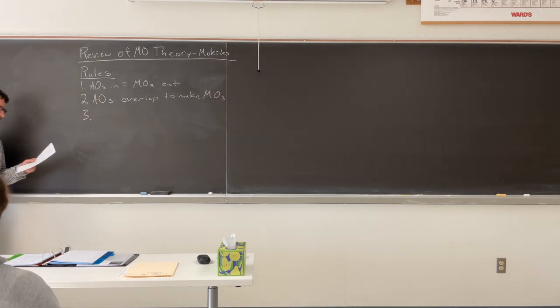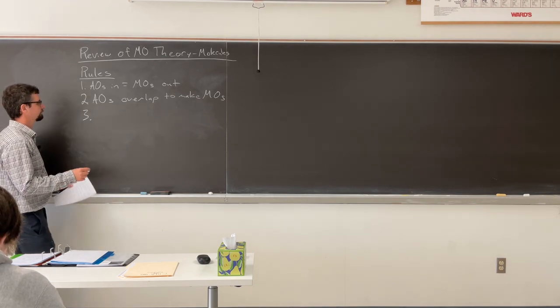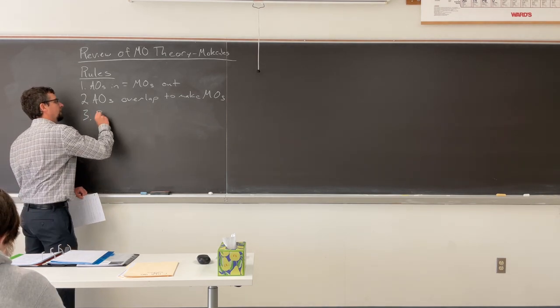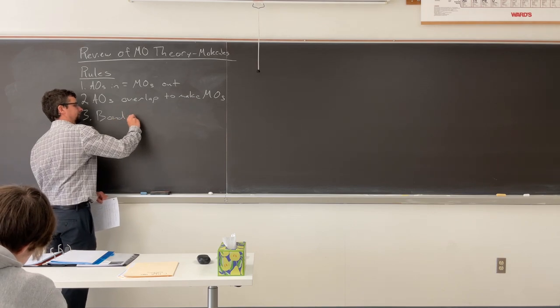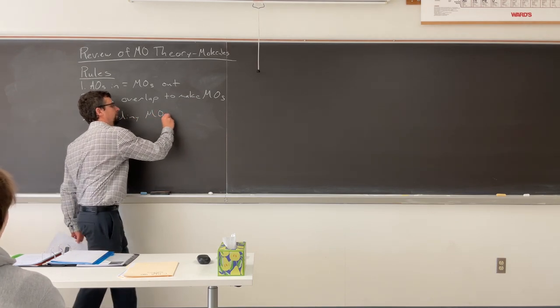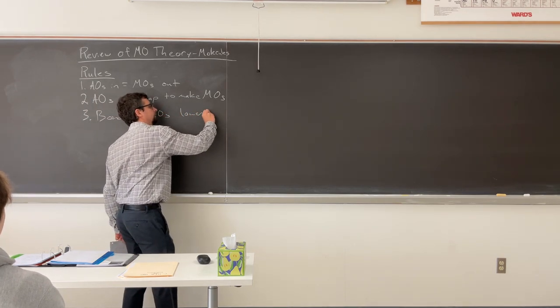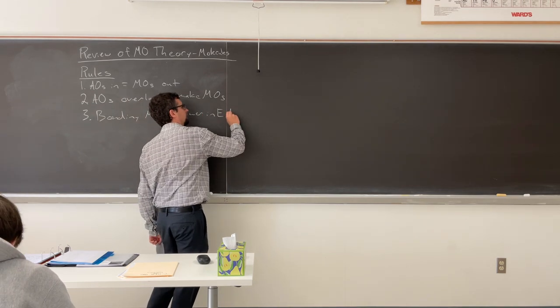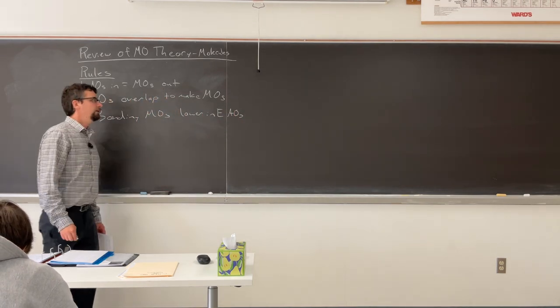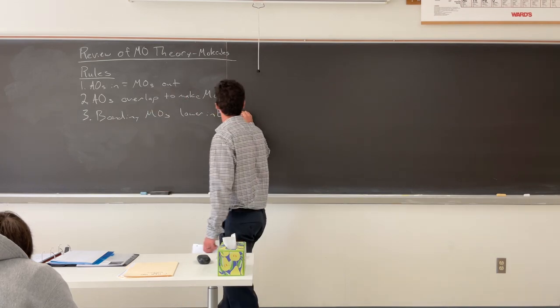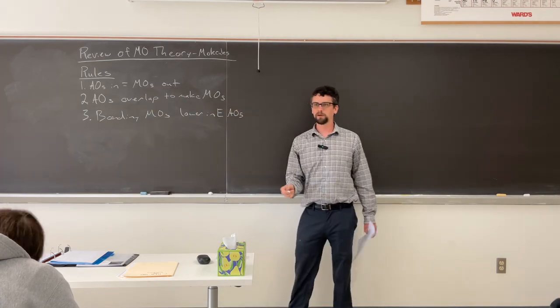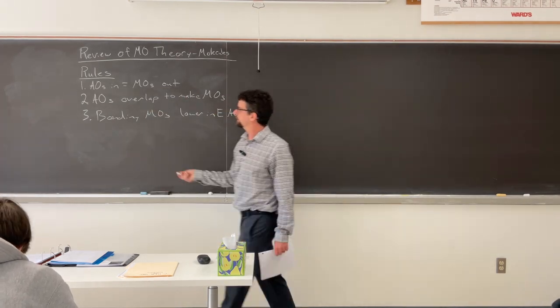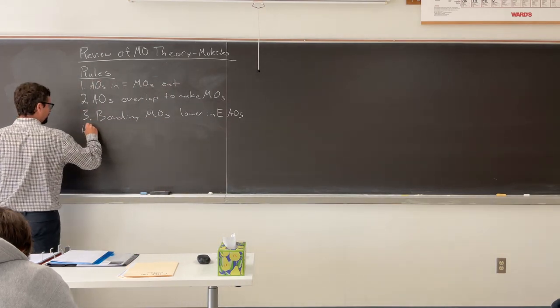Give me another thing. Somebody other than Joe. So the new MOs that are made, if they're bonding combinations, have to be lower in energy than the atomic orbitals. Somebody other than Lily and Joe, give me one.